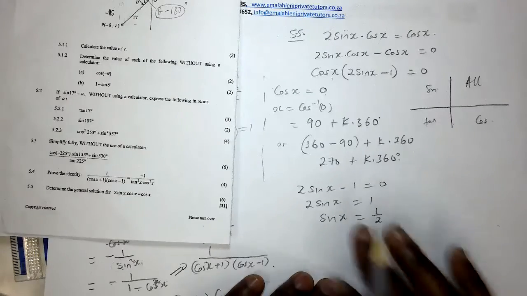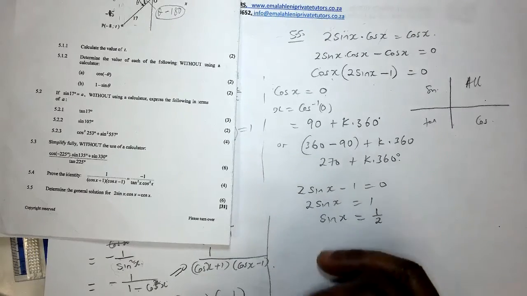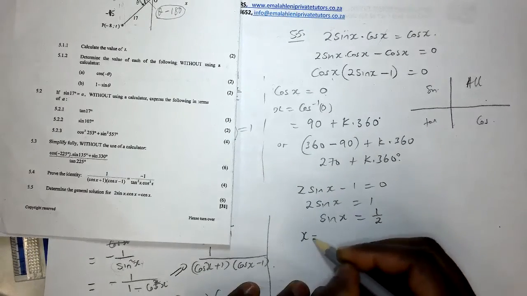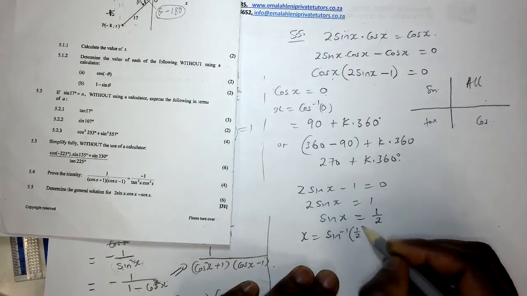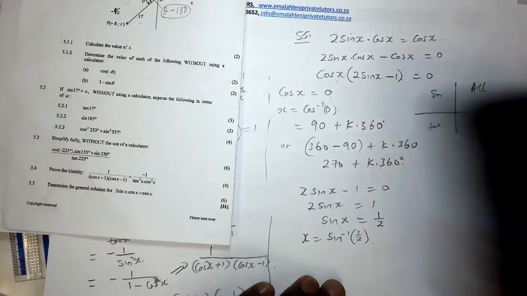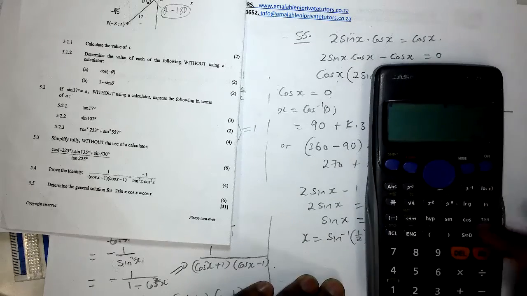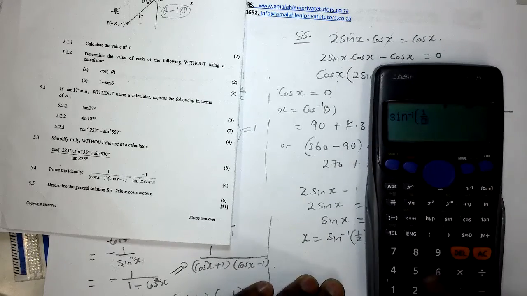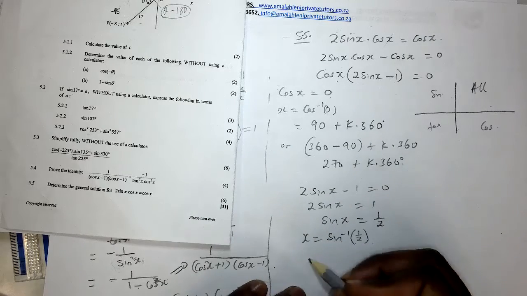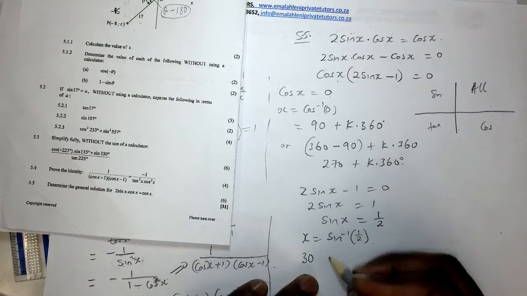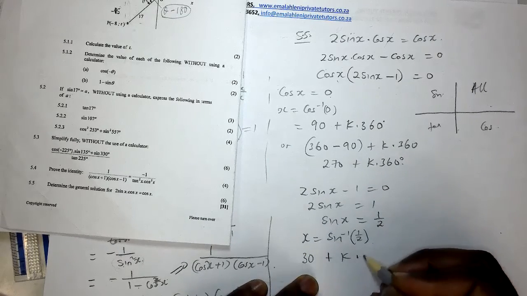When you have 1 over 2 here, x is equal to arc sine of 1 over 2, which is 30. So shift sine 1 over 2, we get 30. So again here, we get 30 plus k 360.